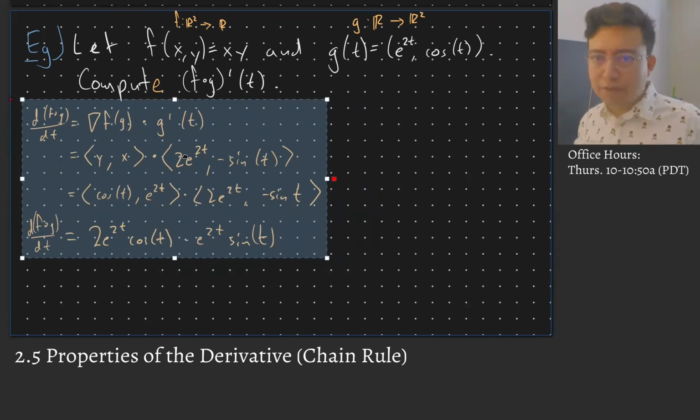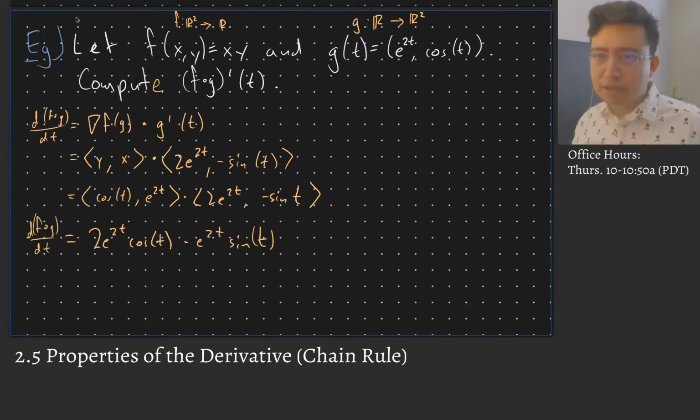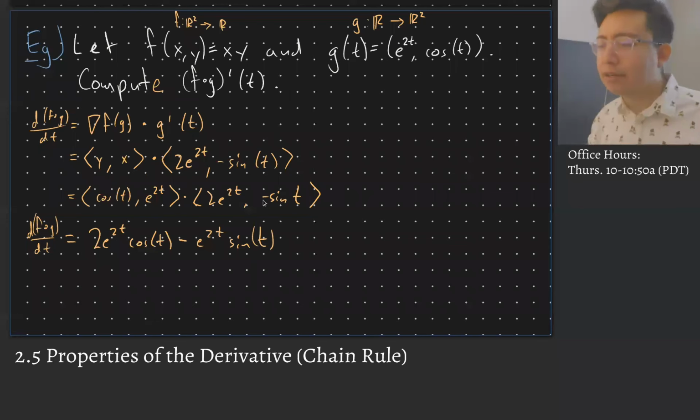For the result, is that a minus sign? Yeah, this is a minus sign. I'm subtracting these. Again, the minus is coming from the sign here, negative sine of t.